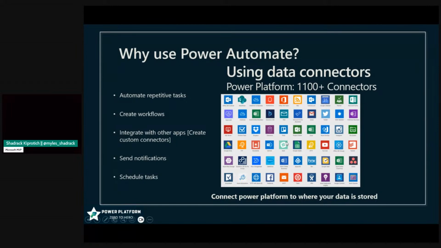So if you have your data stored within Asana, SharePoint, OneDrive, Google Drive, or sending HTTP requests to your servers and things like that, you can build an API that wraps around the API and can be accessed within the Power Platform.